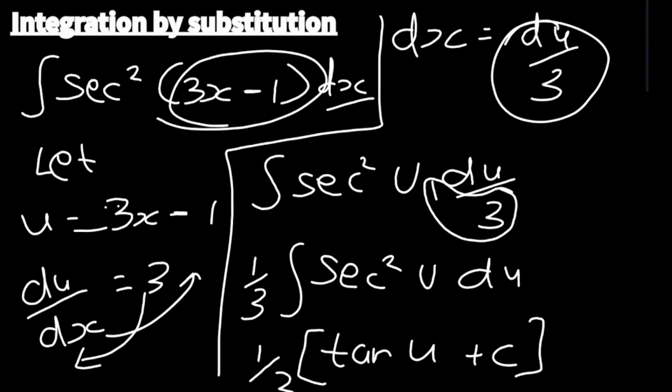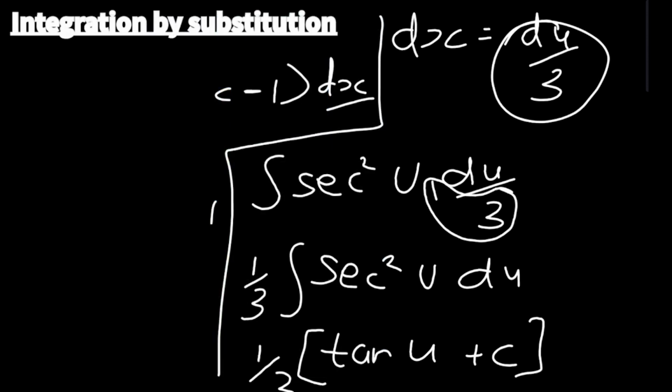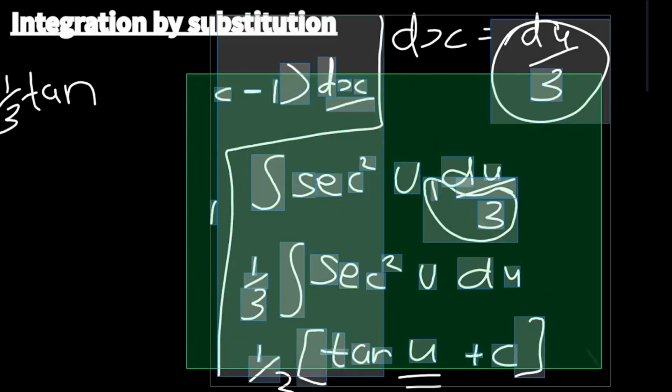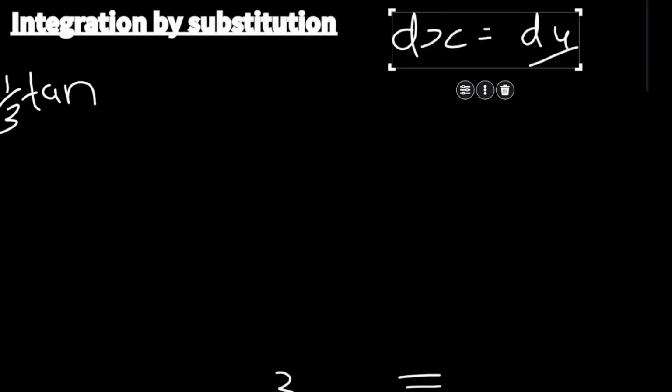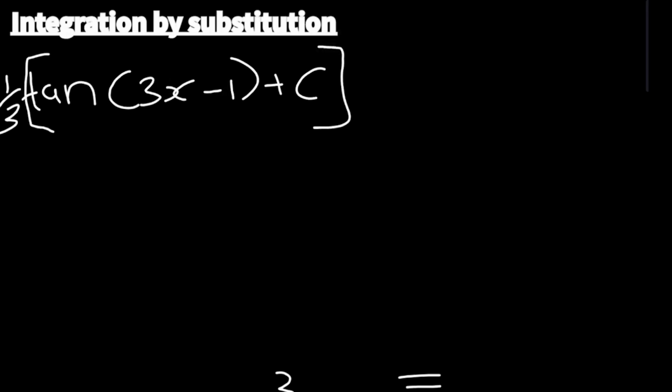If you check the standard integral tables, they always provide the integrals of trigonometric functions, and from the table the integral of sec squared u is tan u. But what was our u? So our final answer will be a third tan u, which is tan(3x minus 1), plus c. So this is our final answer.